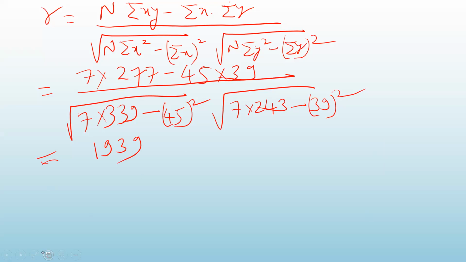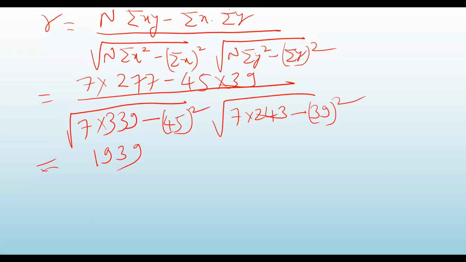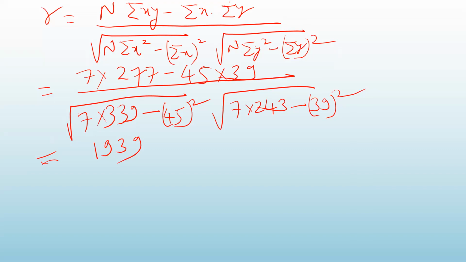Next is 45 into 39. So let us calculate that. 45 into 39 is equal to 1755.